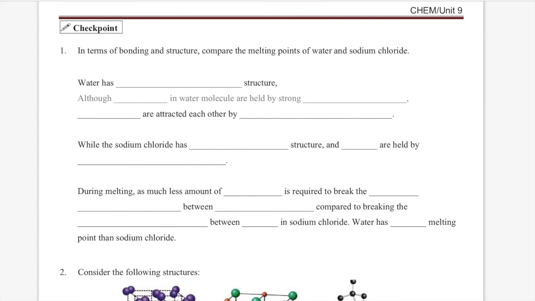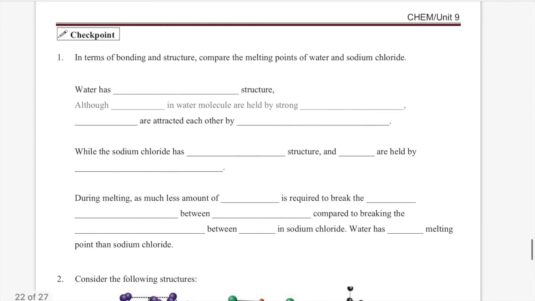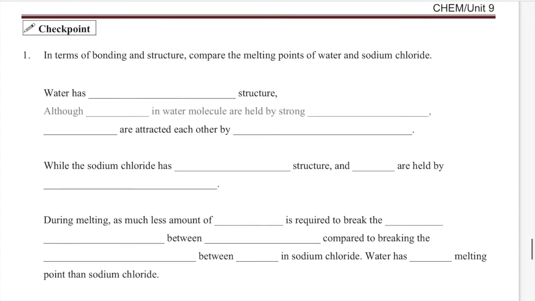For number 1, in terms of bonding and structure, compare the melting point of water and sodium chloride. Remember, in this unit, whenever you are asked to compare a property for given substances, you must follow this pattern.